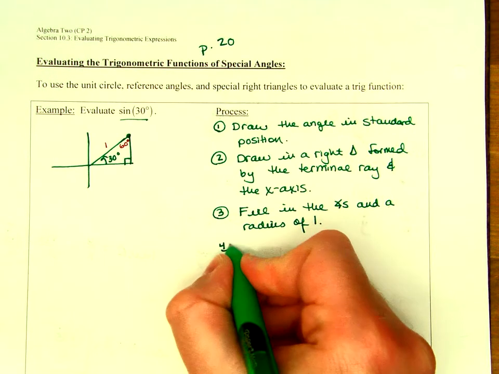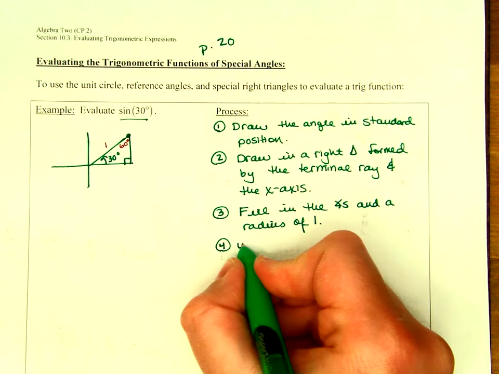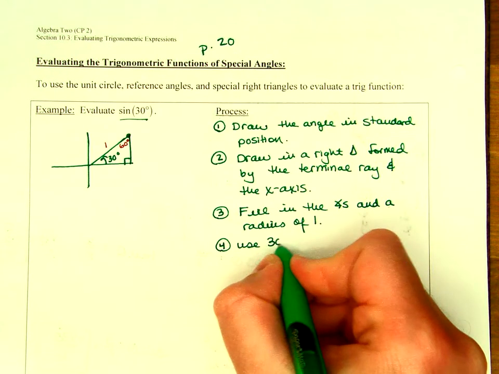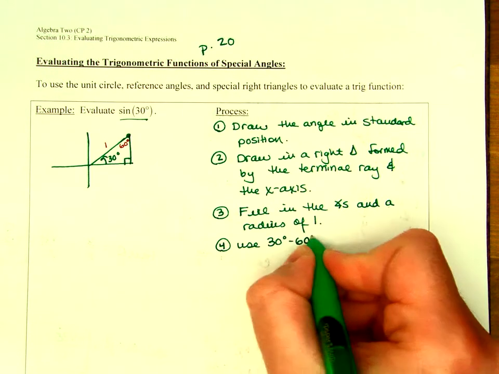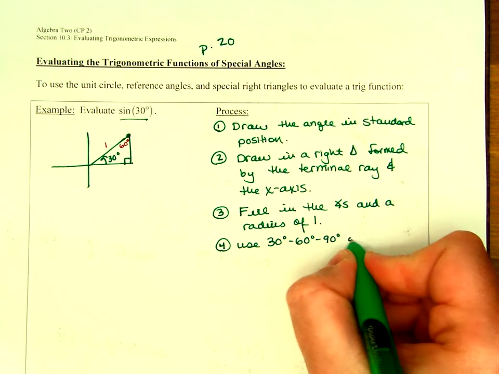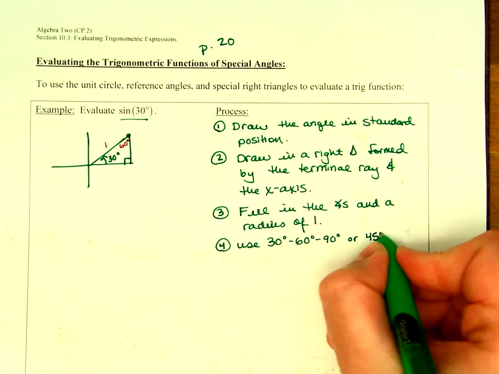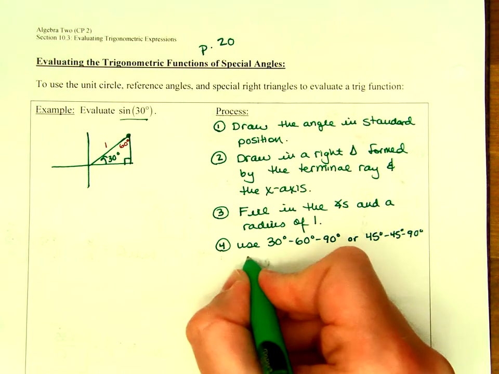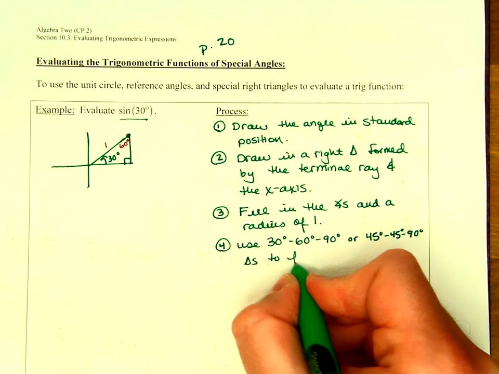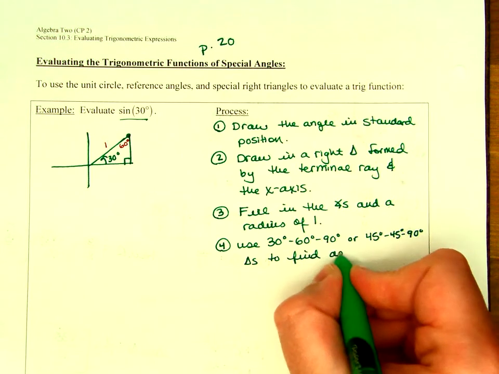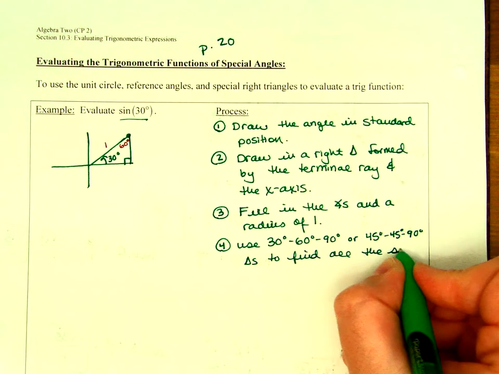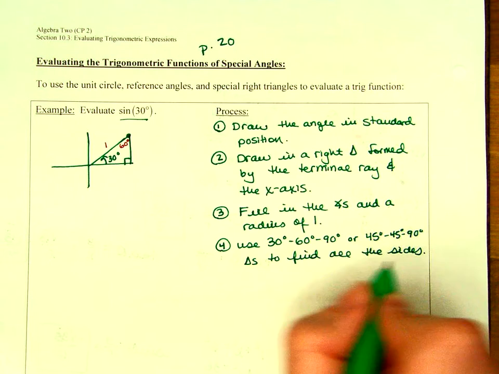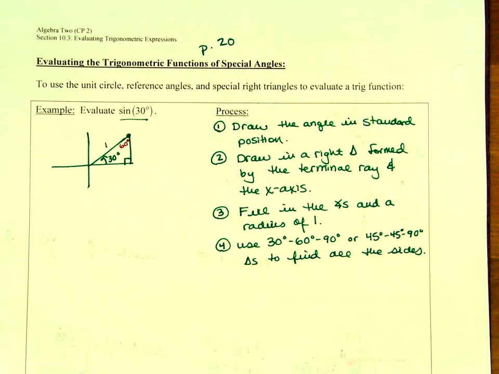Step number 4. I am going to use 30, 60, 90, or in some cases, 45, 45, 90 triangles to find all the sides. And we're going to give exact answers for those sides, making use of roots when necessary.